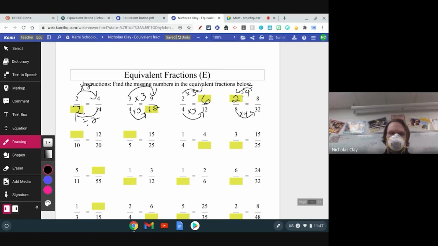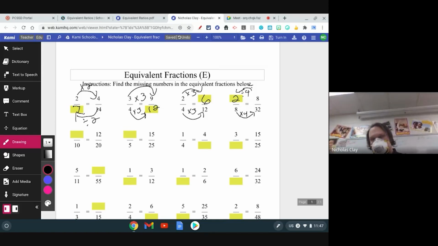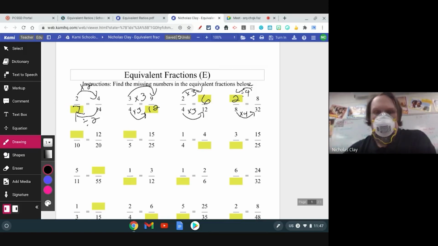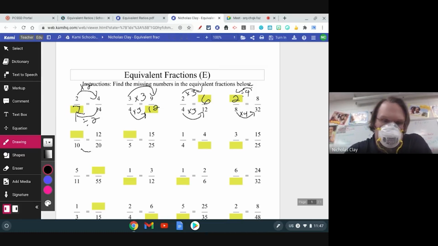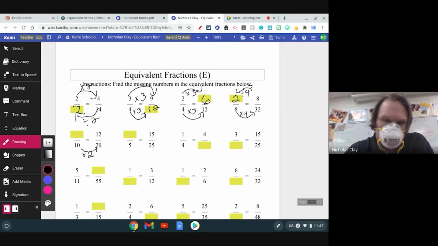Adriana, how do I get from 10 to 20? What'd you say? Multiply by 2. 10 times what gives me 20? 2. So if I multiply from left to right, I'm taking the 12 and going back to the left.